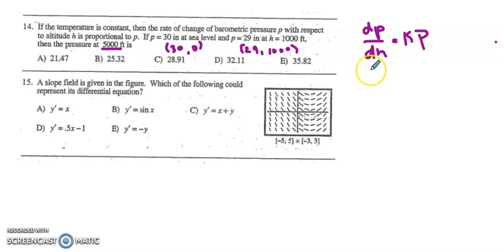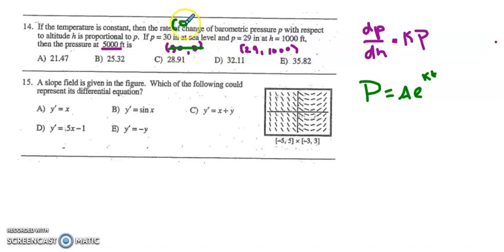So let's go ahead and write the solution to this DiffEq as P equals Ae^(kt), and we can solve for A because we know that when the sea level is 0, we have 30 barometric pressure. So now I'm thinking that I wrote these points wrong, so bear with me.